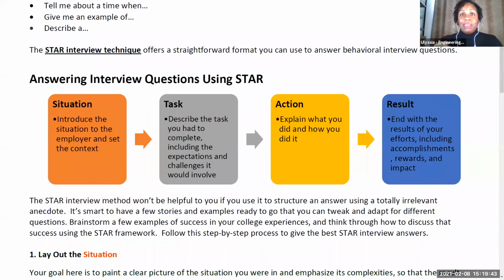One of the biggest mistakes that students would make is they would say, my team did, or we did. They want to hear, I did, I did, I did. Okay. And remember, you're not taking credit away from your team. You're not going to come across as arrogant or as though you were the only person who worked hard.